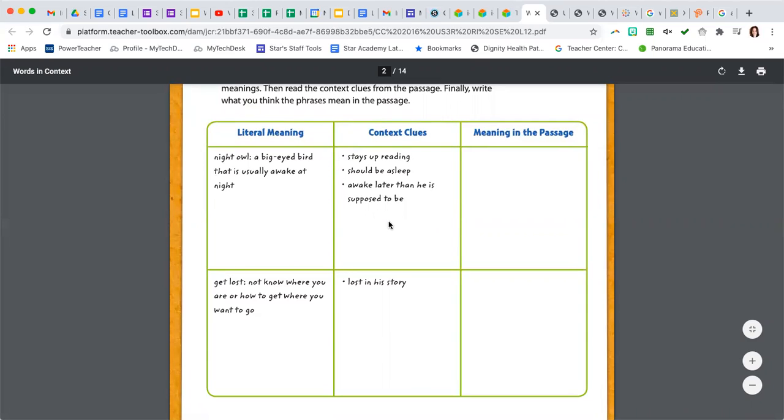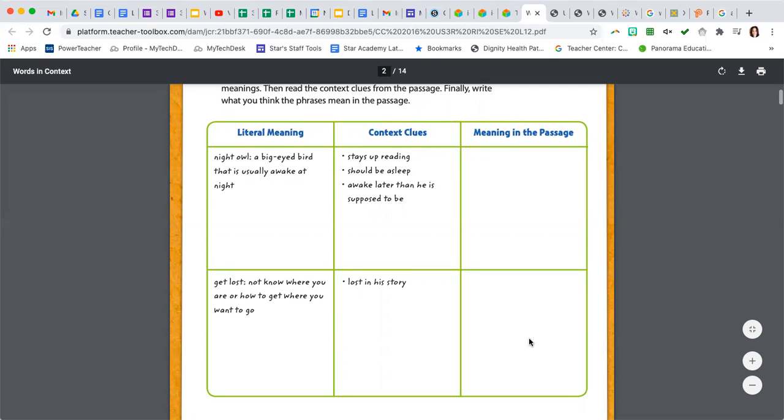So the context clues for night owl include stays up reading, he should be asleep, and he's awake later than he is supposed to be. And then the context clue for get lost is he's lost in his story. So in these two blank boxes on the organizer, you need to give us the meaning in the passage for night owl and get lost.